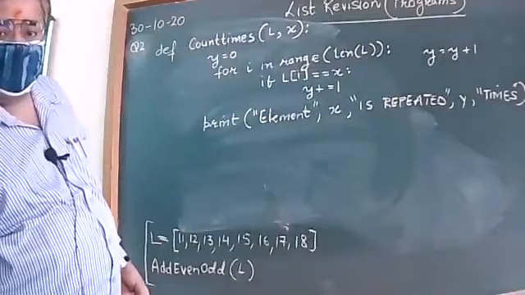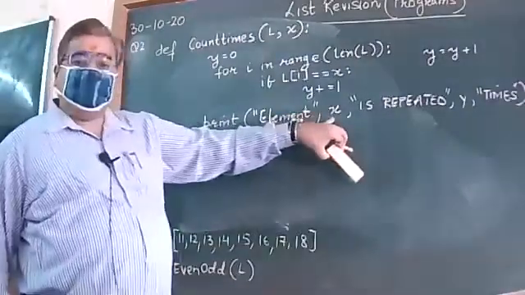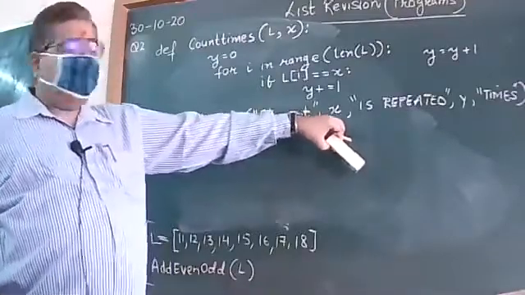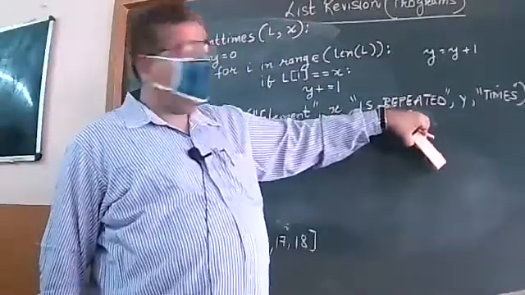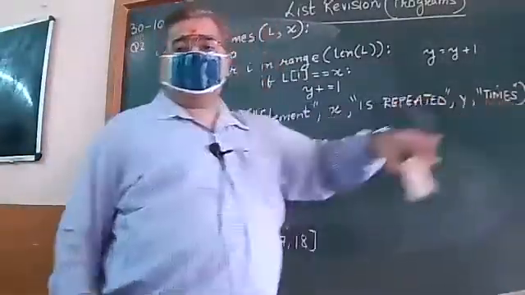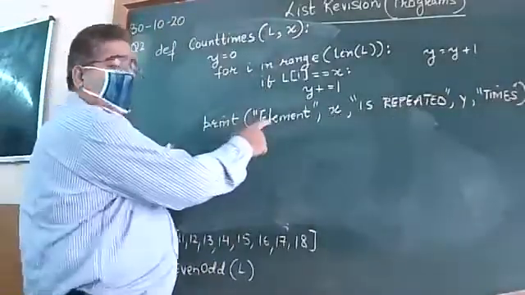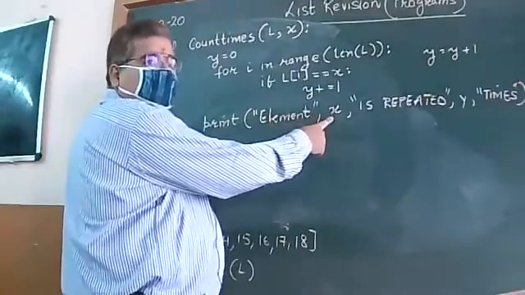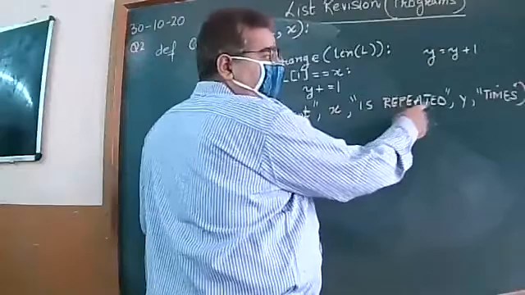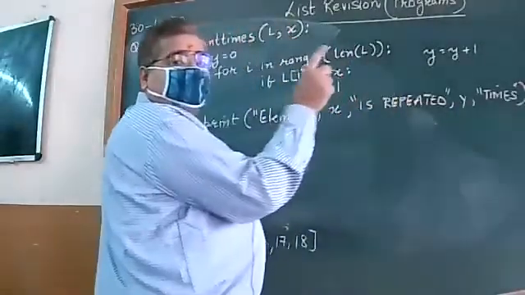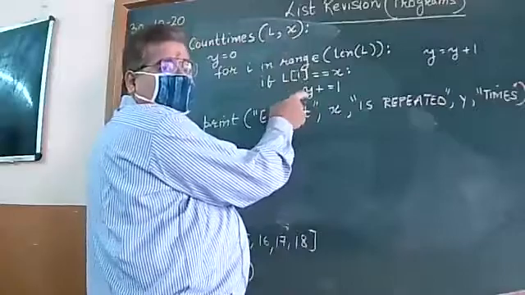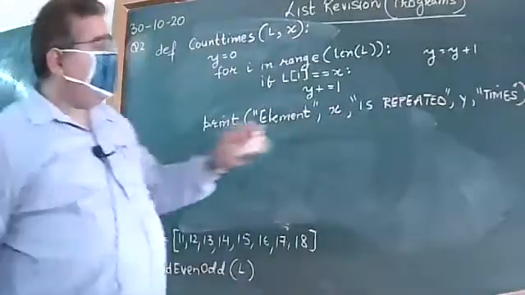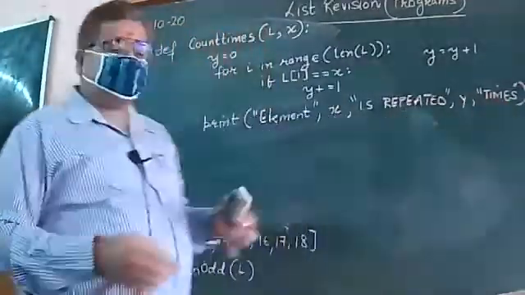Element, whatever the element is, let us say element is 11. Element 11 is repeated 3 times. I repeat once again, element X without double quotes will print the value is repeated. Y without double quotes, Y will be the value that will be incremented over here. The final value which will come after all the operations, then times.